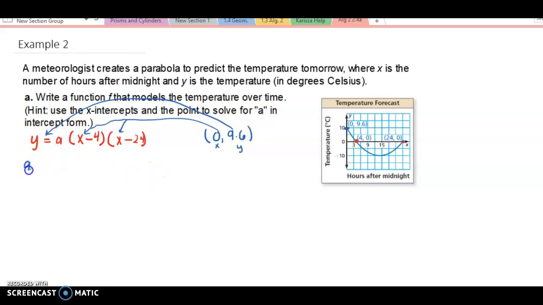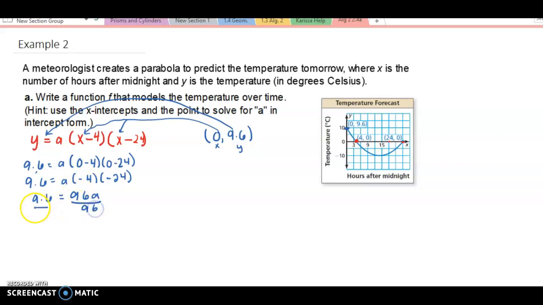When we do that, I get 9.6 is a times (0 minus 4)(0 minus 24). If I keep simplifying, I get 9.6 equals a times negative 4 times negative 24. Negative 4 times negative 24 is a positive 96.